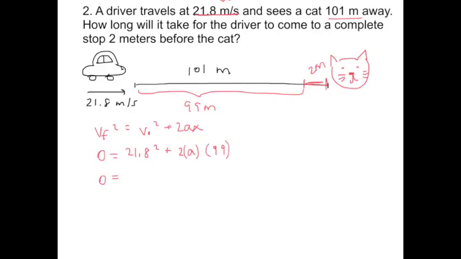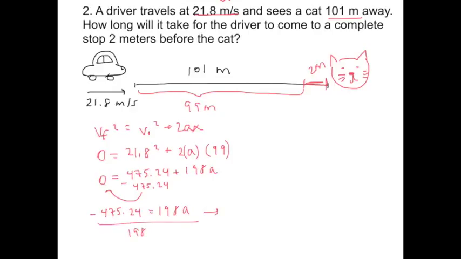We get 0 equals 475.24 plus 198a. We're going to subtract 475.24, bring it over to the other side. So now we get negative 475.24 equals 198a. And as you can see, we divide by 198, and then we get a equals negative 2.4 meters per second squared.